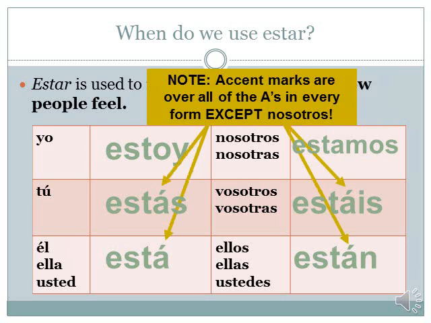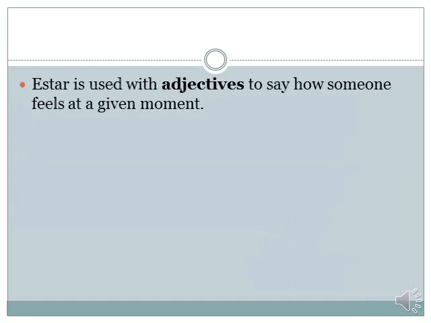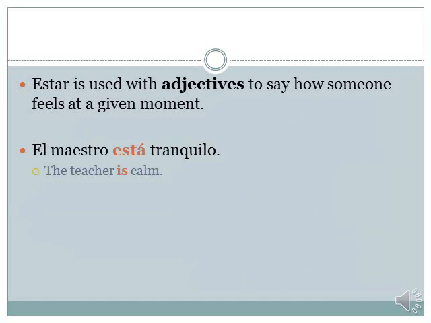Notice that there are accent marks over all of the A's except the nosotros form. Those accent marks are key, okay? Right. Estar is used with adjectives to say how someone feels at a given moment. So if I wanted to say the teacher is calm, I would say el maestro or el profesor está tranquilo.